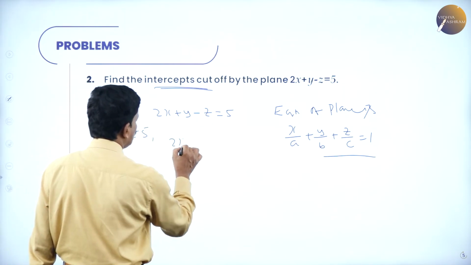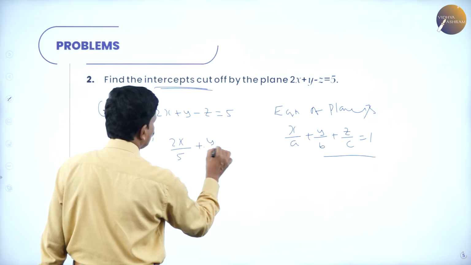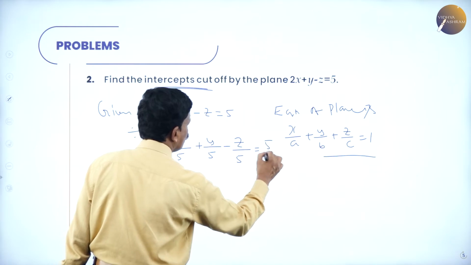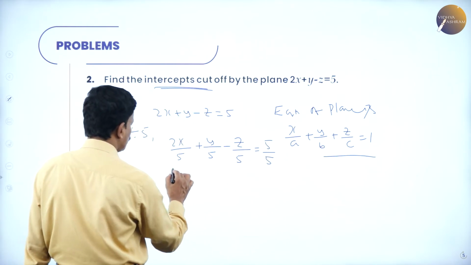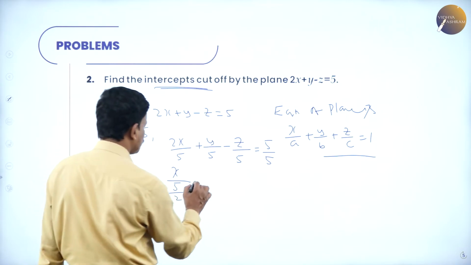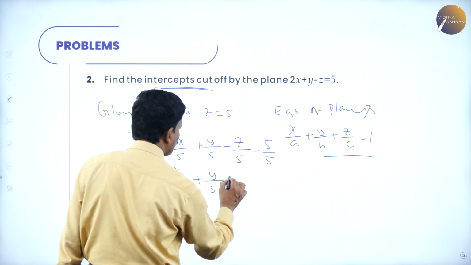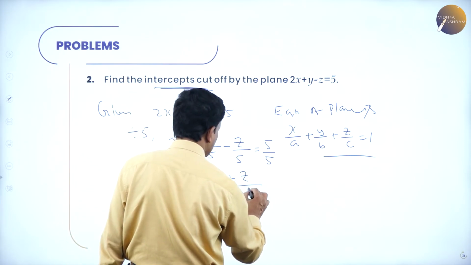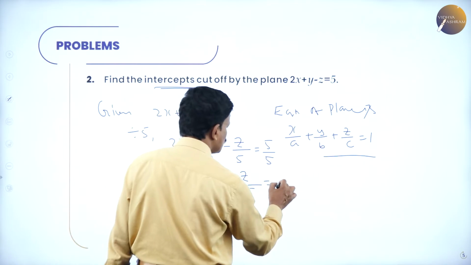If you divide by 5, 2x by 5 plus y divided by 5 minus z divided by 5 is equal to 5 by 5. Bring this to the denominator: x divided by 5 by 2, plus y by 5, plus z divided by minus 5, is equal to 1.